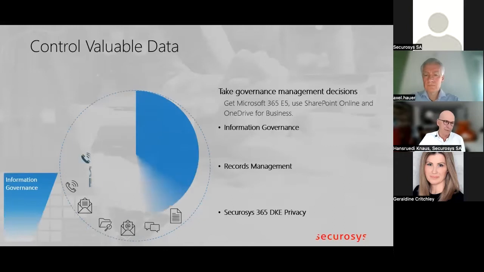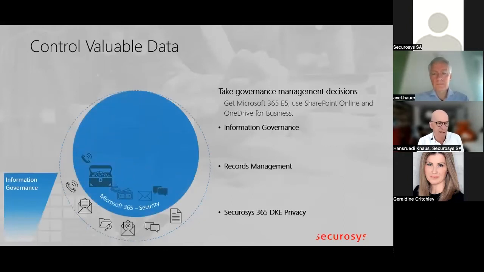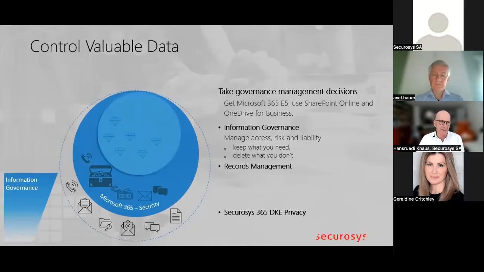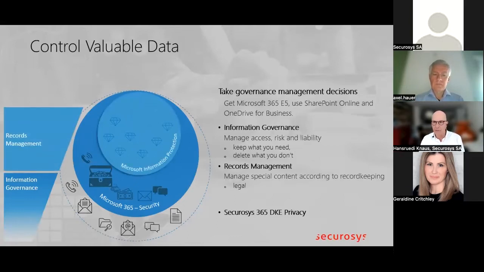Then you have another huge amount of data that's absolutely okay with applying just the normal information governance. You have to have it, just to mention that, but it's okay to have it basically. And then you have some kind of really valuable stuff where you add records management.